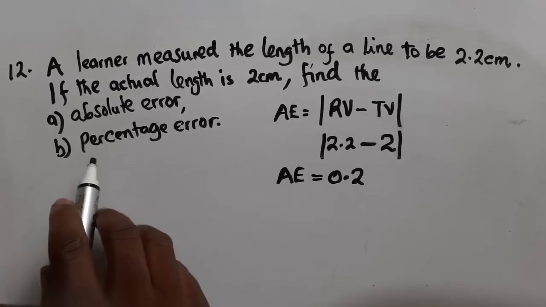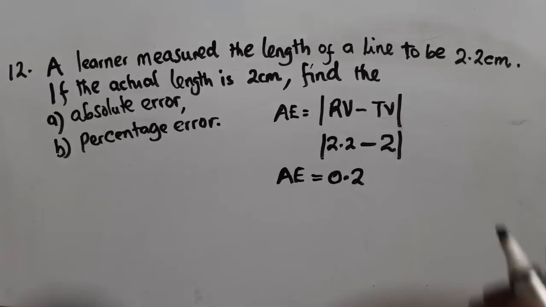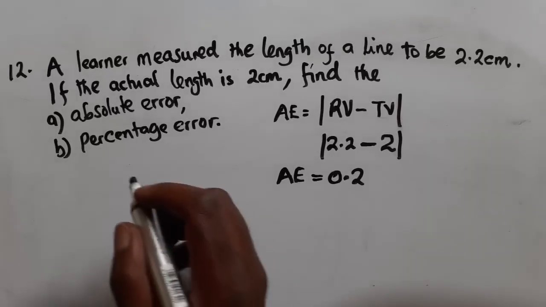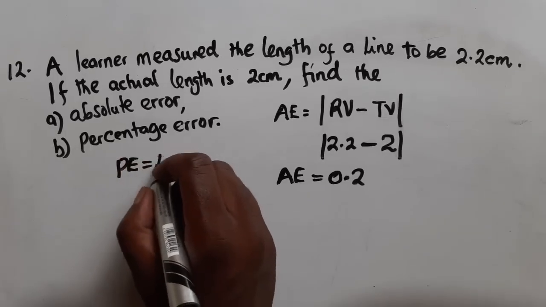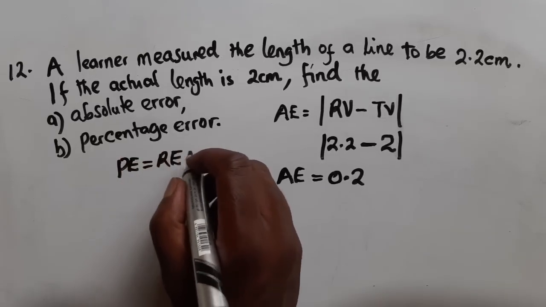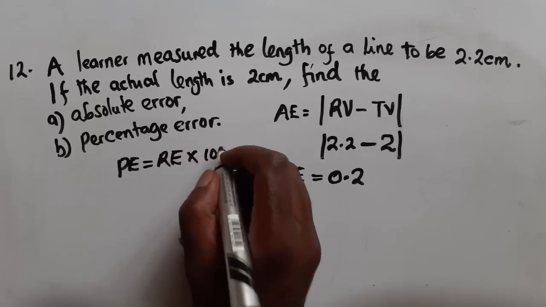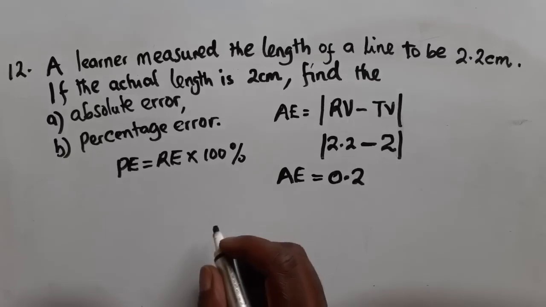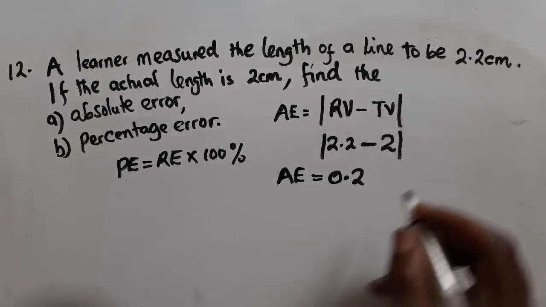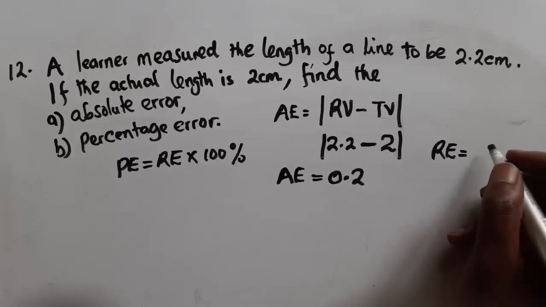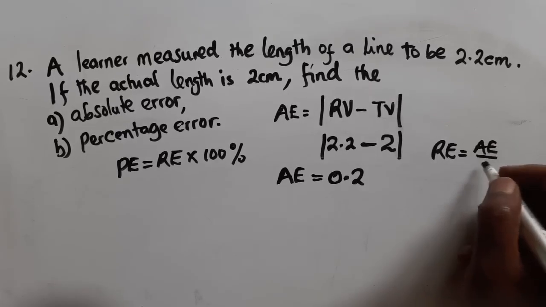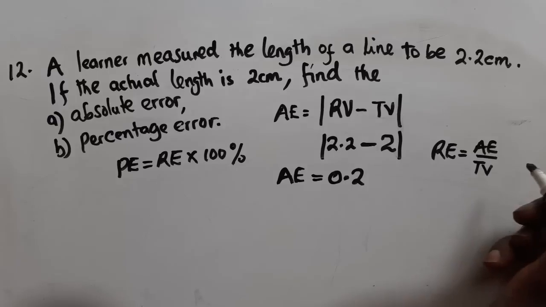Then, percentage error. So percentage error is equal to relative error multiplied by 100%. Now, relative error is equal to absolute error over true value.